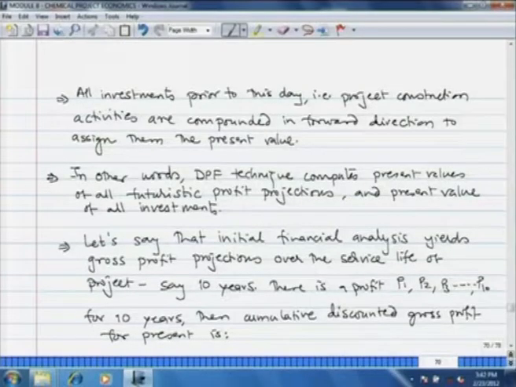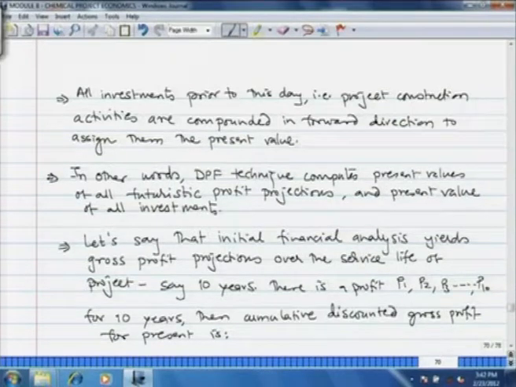Therefore, the profit per year is not the same. That is why we have given different values of the profit P1, P2, P3 up to P10 for 10 years. We have to see the cumulative discounted gross profit for the present.